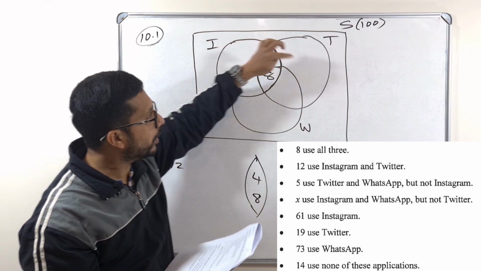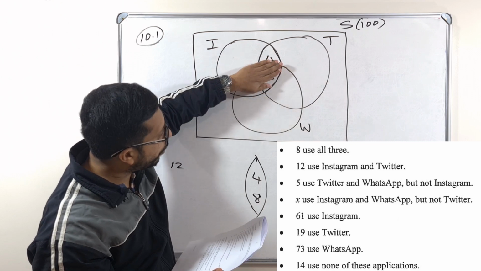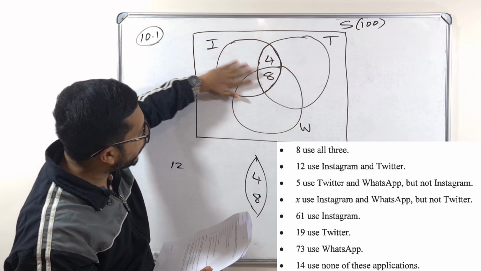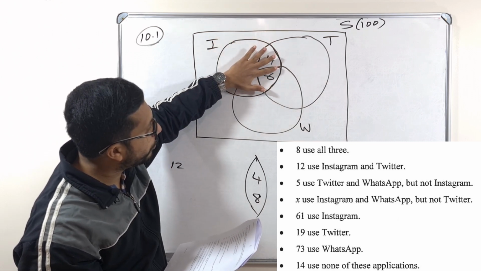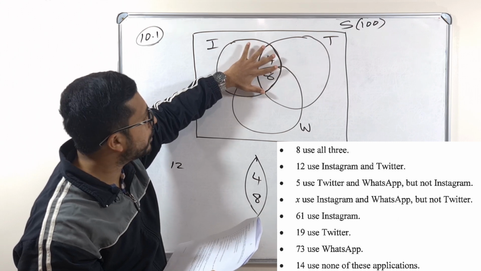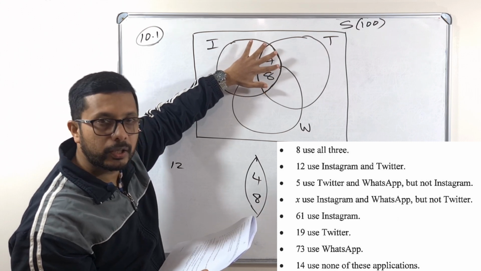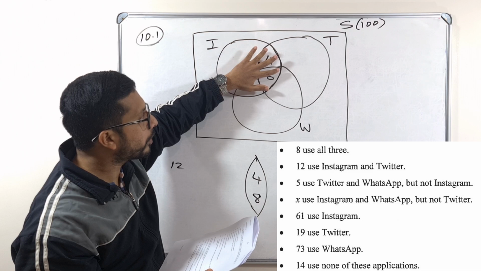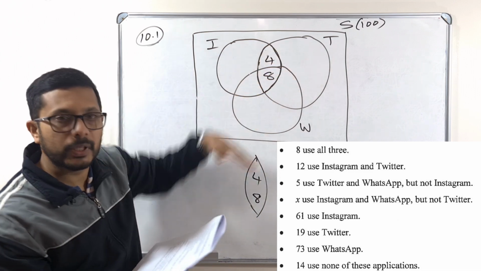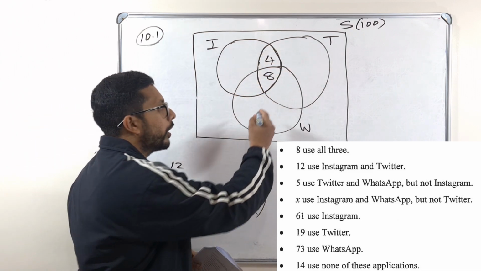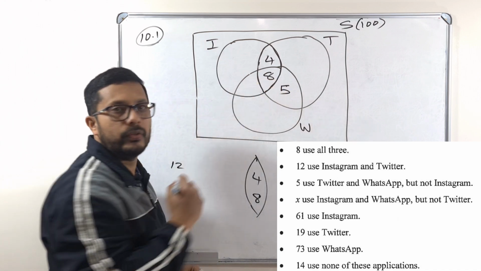They are using Twitter and WhatsApp but not Instagram. That means the Instagram circle is not included. So here in this bullet we can directly write 5 here.